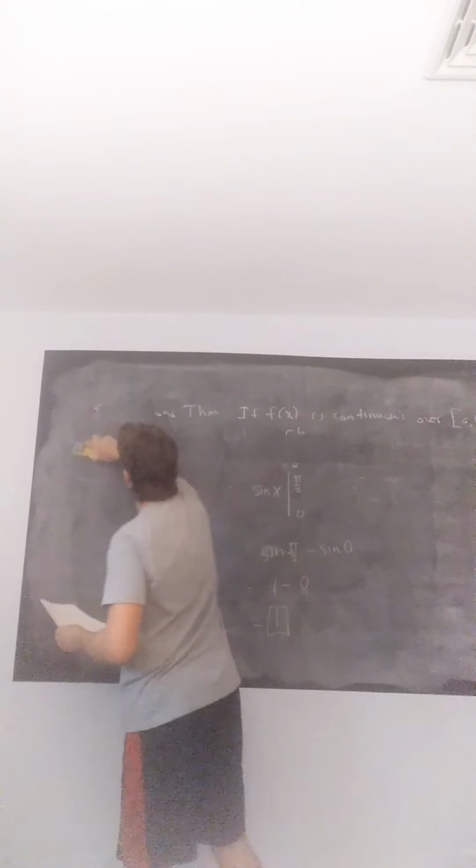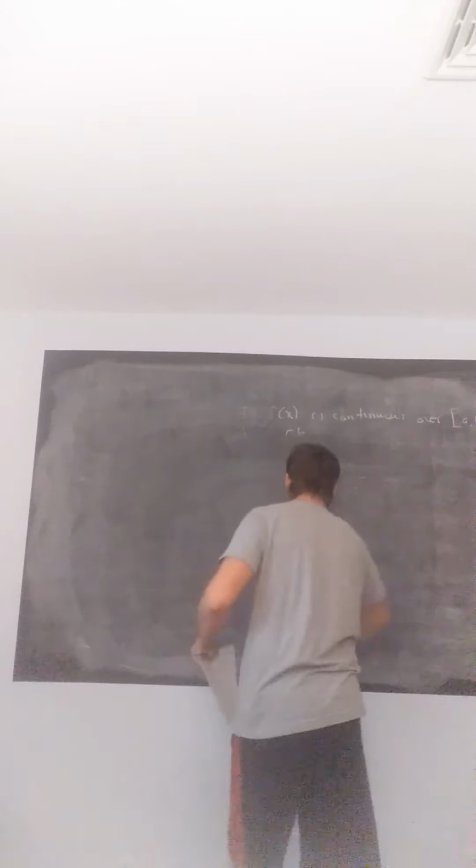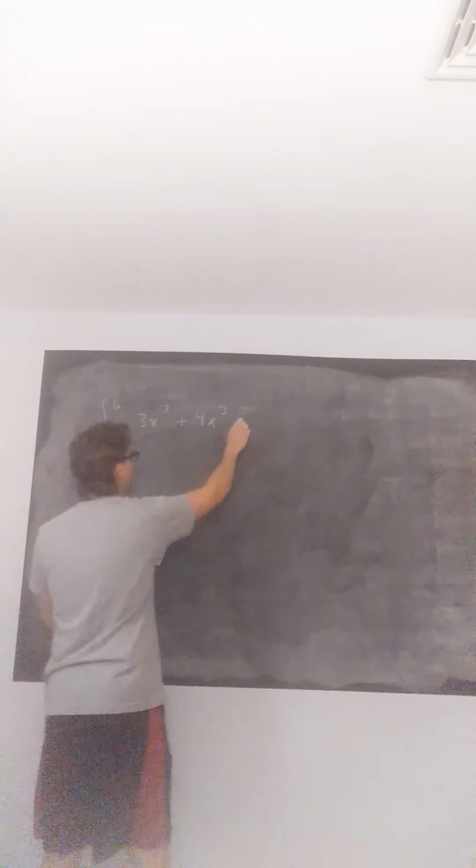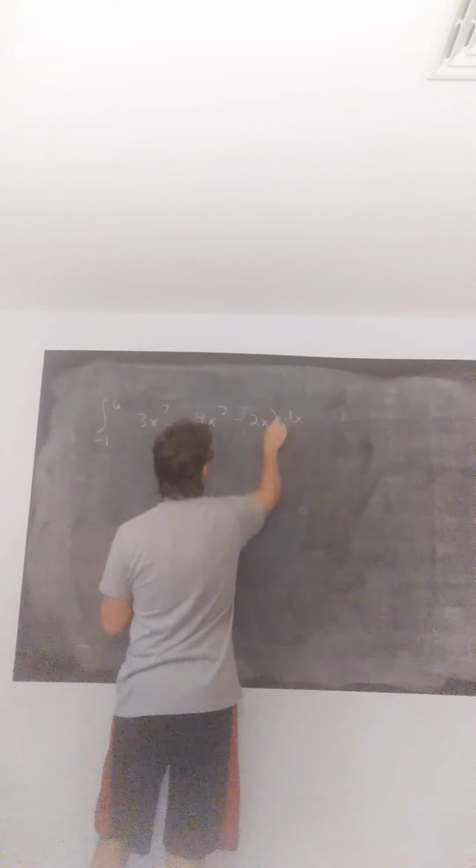Well, let's look at another example here. One that's a little more tedious. How about this integral here? The integral from -1 to 6 of 3x to the 7 plus 4x cubed minus 2x dx.